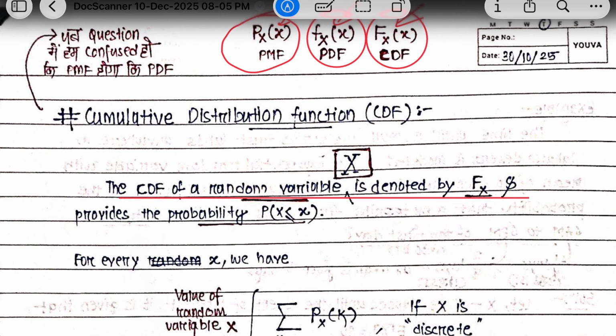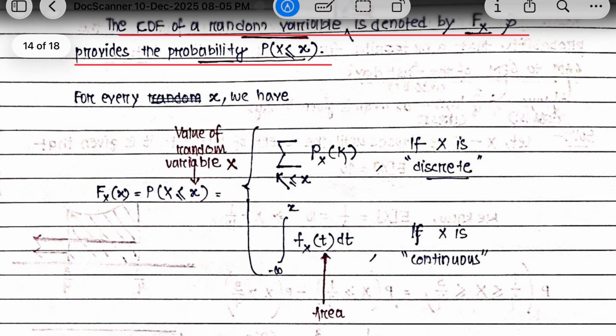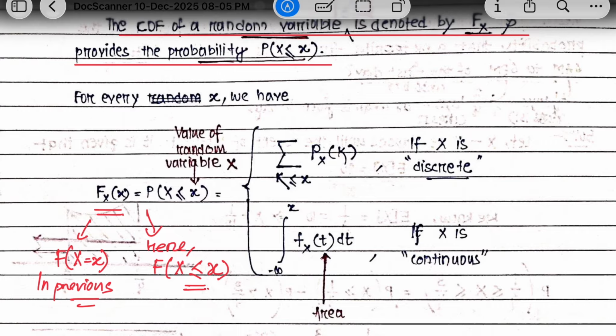The CDF of x is limited to x: it takes all the values less than x. In the previous one, it was x equal to x, but here x is less than or equal to, meaning taking all the values up to that point.